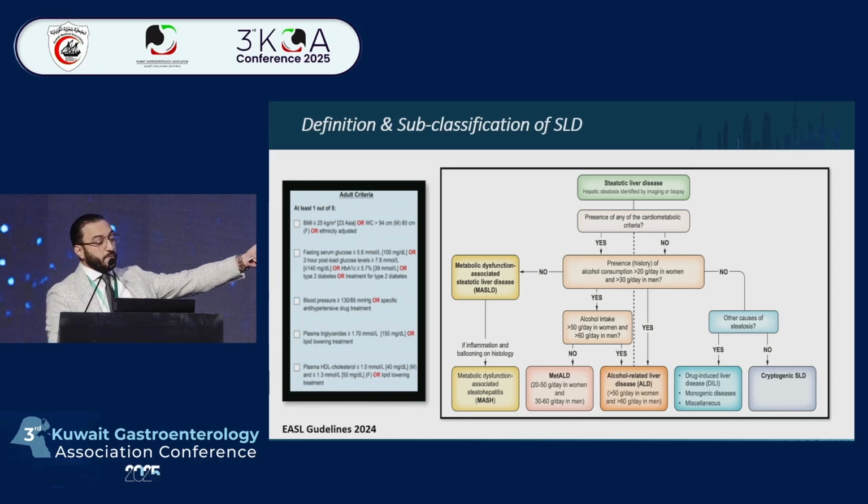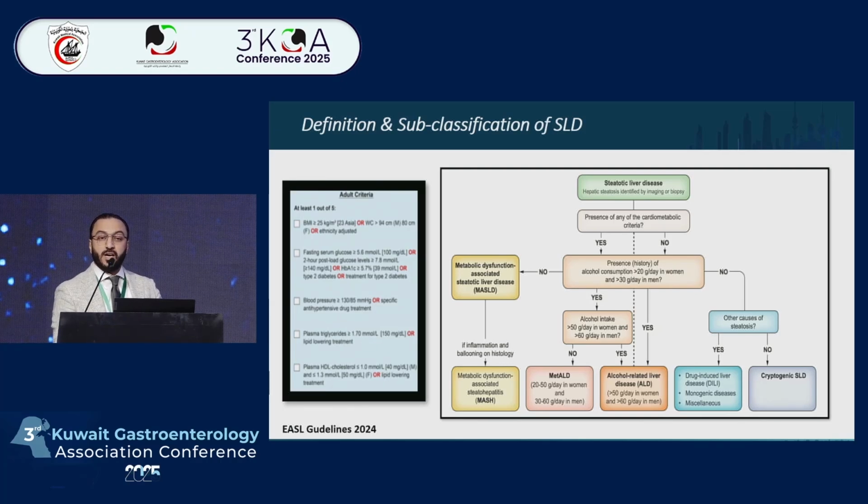If we start at the top of the algorithm, steatotic liver disease is defined where there is the presence of hepatic steatosis on imaging or on liver biopsy. So for a patient to be diagnosed with MASLD or MASH, the patient should have, number 1, evidence of steatotic liver disease on ultrasound or biopsy. Number 2, he should have at least 1 of the cardiometabolic risk factors.